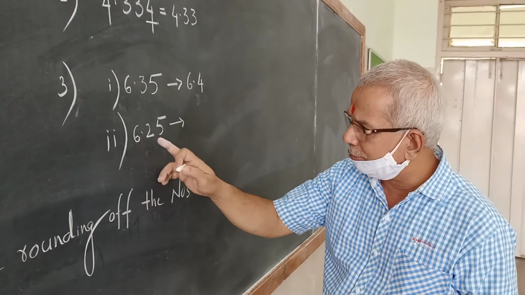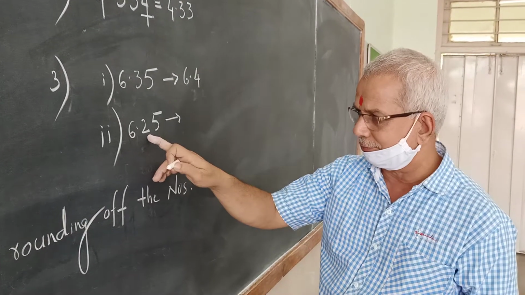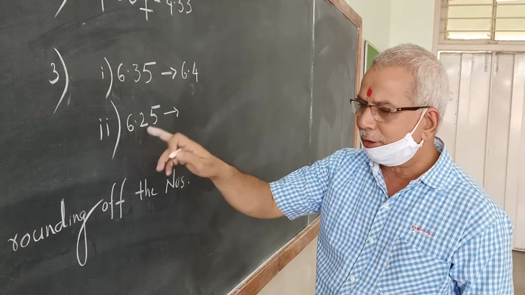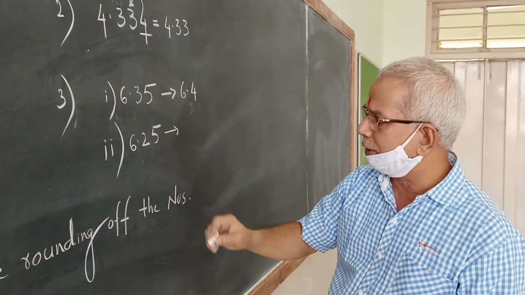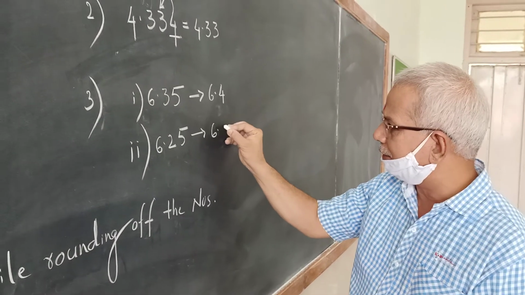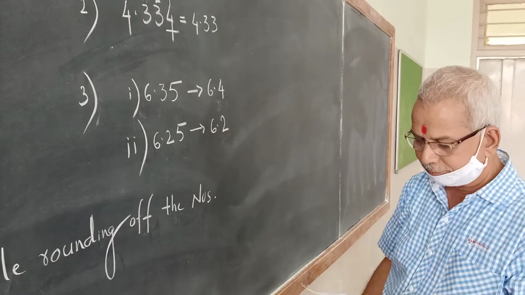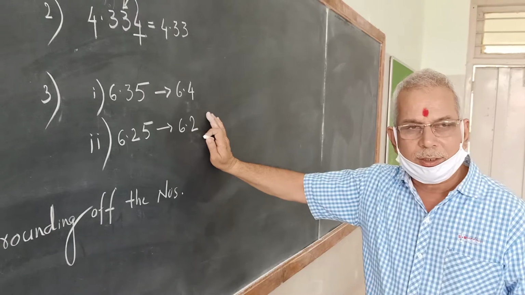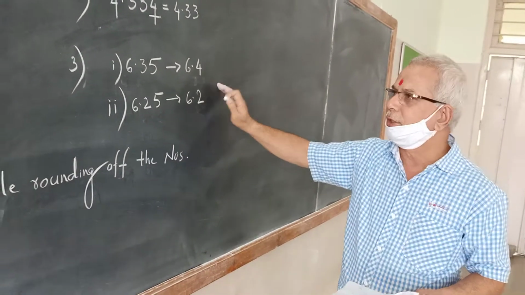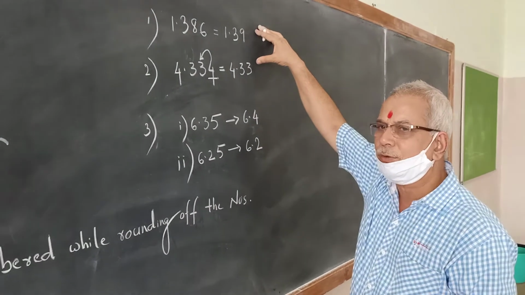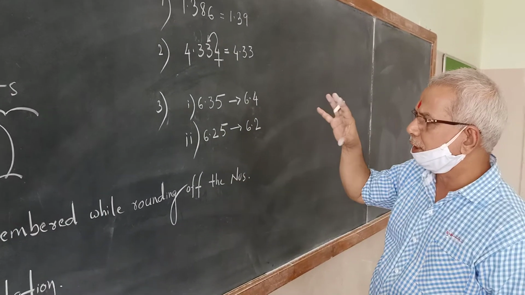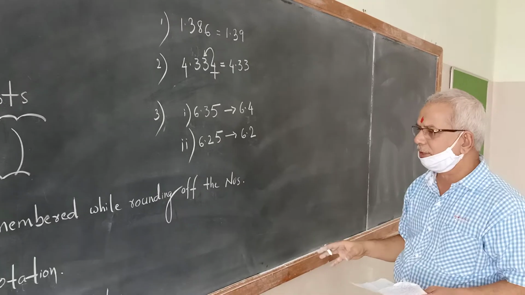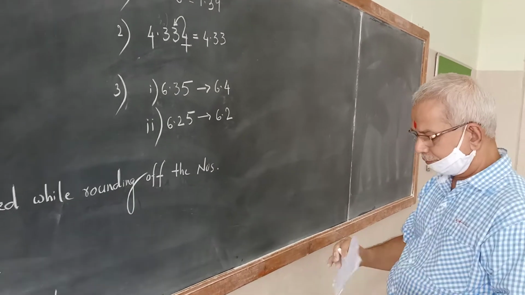And if the previous number is an even number, there is no need to increase it. It is written 6.2 only. This rule is for when the digit is exactly 5. The other two are for more than 5 and less than 5. So these are the three rules for rounding off numbers after calculations.